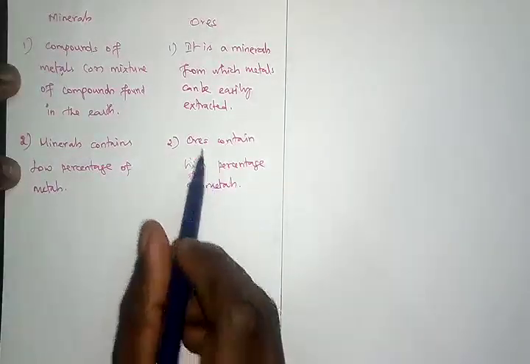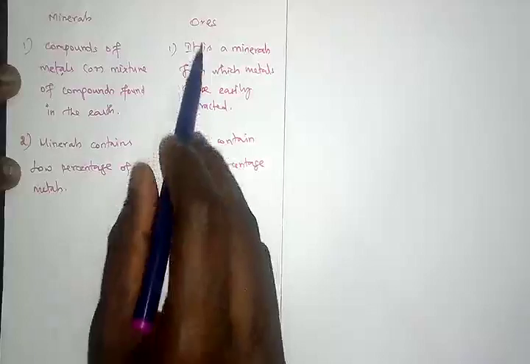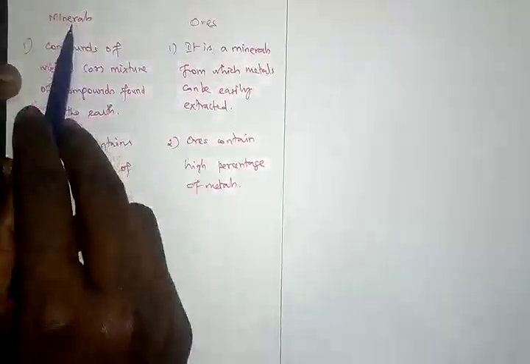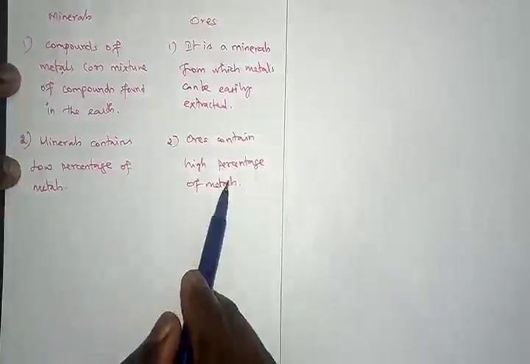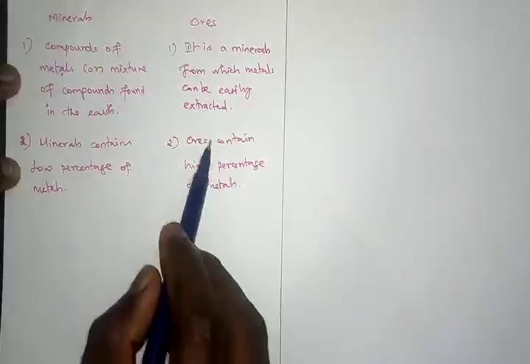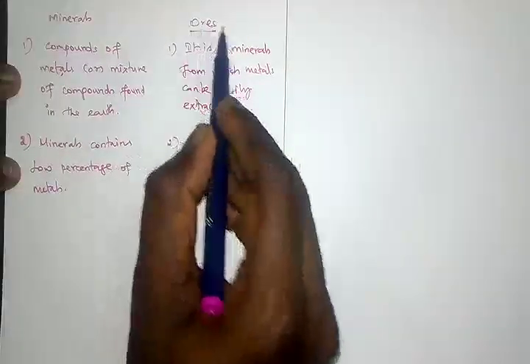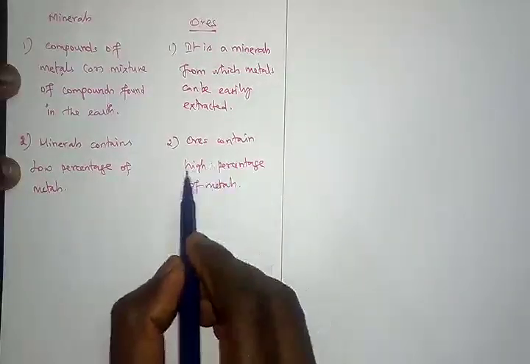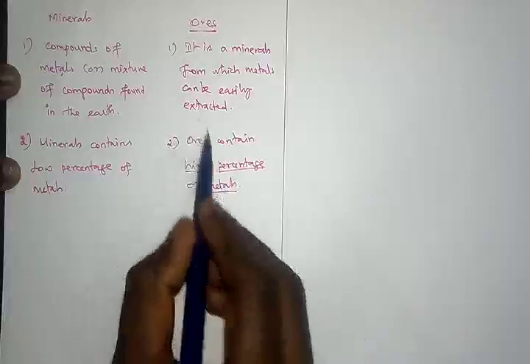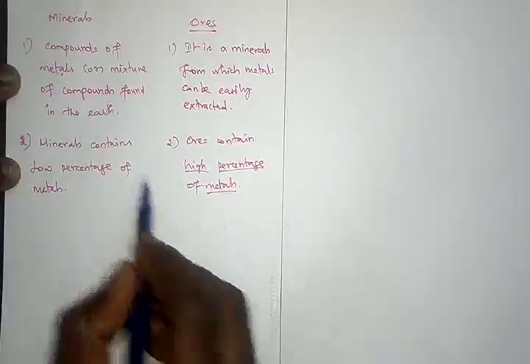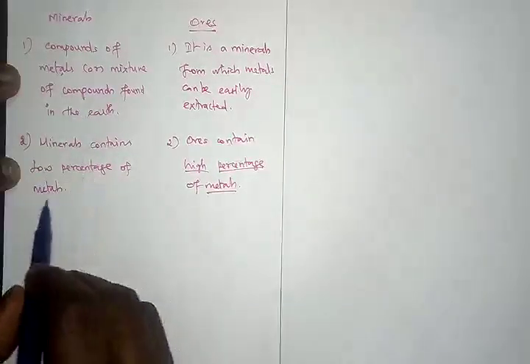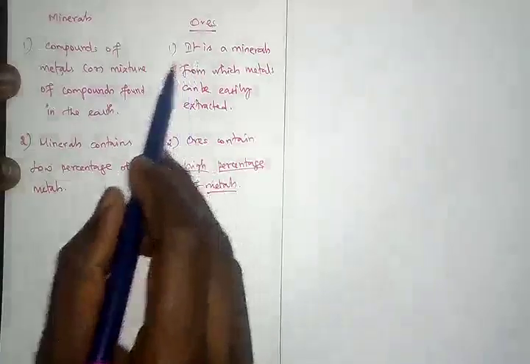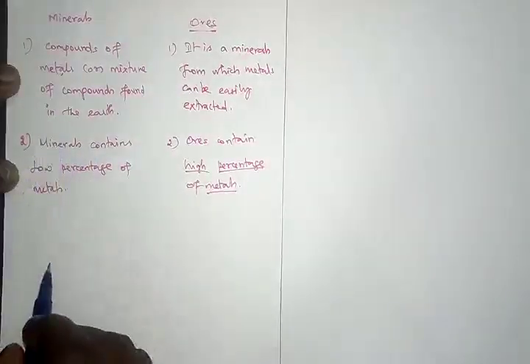So that is why we extract metal from ores. We don't extract from minerals, whereas an ore is a type of mineral, remember. The ores have a large amount of metals, the minerals have less amount of metals. That's why we extract metal from ores, not from the minerals.